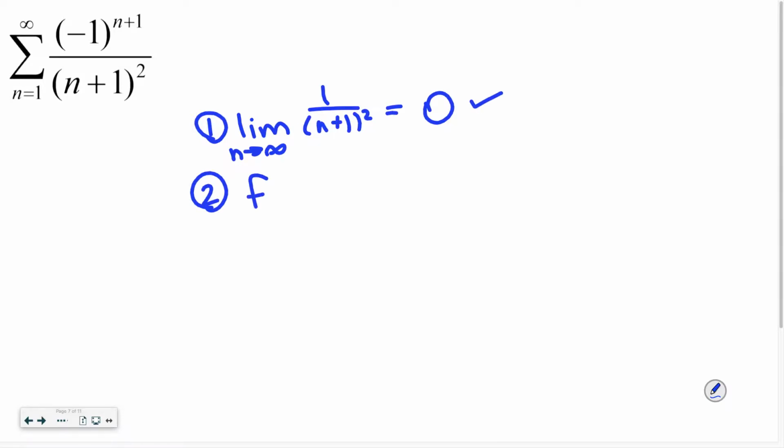If we look at the derivative, we have negative 2 over n plus 1 cubed. So, yep, that is always less than 0. So we have a decreasing sequence, which is what I wanted. Okay? So we know it converges by the alternating series test, right?